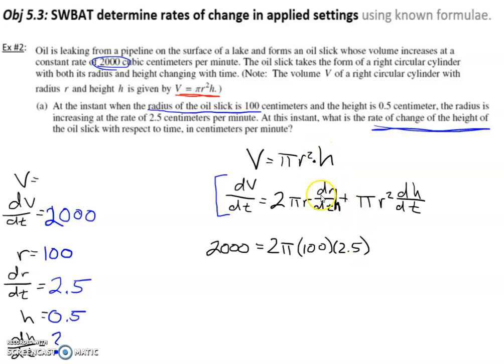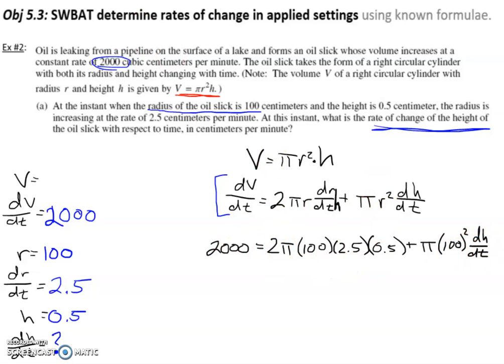So that should have been an h after that dr/dt. I'm going to fix it right now. So 2 pi r dr/dt and then h is 0.5, plus pi r squared, so that's 100 squared, times dh/dt, which is what we're looking for.